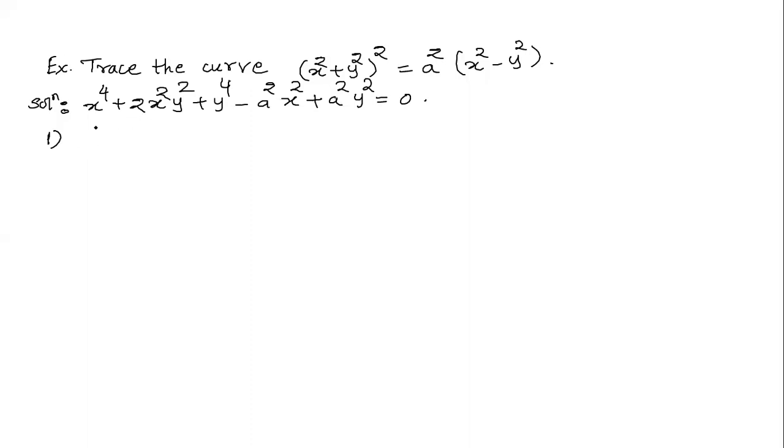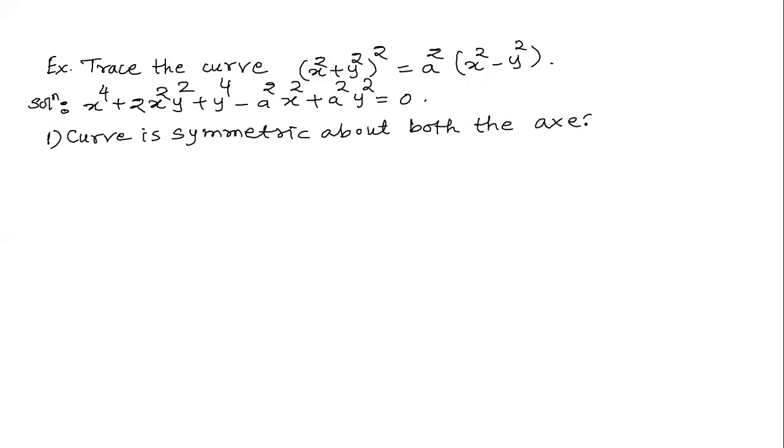Then property 2 is, if there are only even powers of x, the curve is symmetric about the y-axis. So we can say that the curve is symmetric about both axes. I already told you, if the first two properties are satisfied, the fourth will be satisfied.